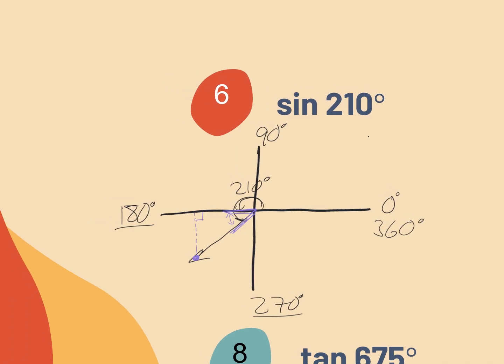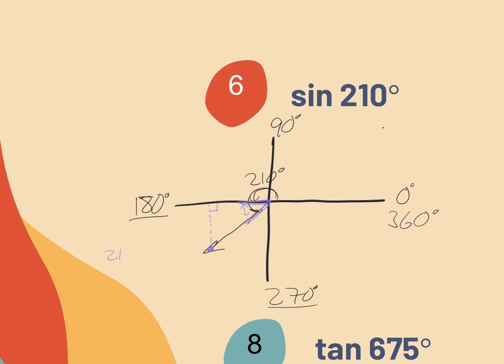To find this reference angle, that's just going to be 210 minus 180. If you remember from the previous slide, in the third quadrant, quadrant 3, the reference angle is the angle minus 180, which gets you 30 degrees.